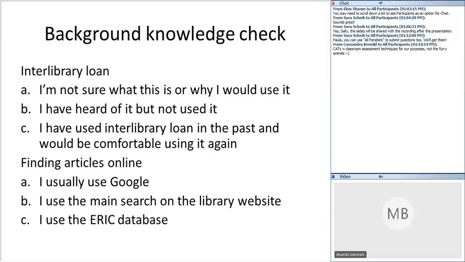Cass talked about the background knowledge check or the confidence check and how that's especially useful for adult learners. But really for learners at all different levels, it's nice to show them that you're adjusting for their level of experience. You're taking into account what they already know. You acknowledge that they have experience with these things.